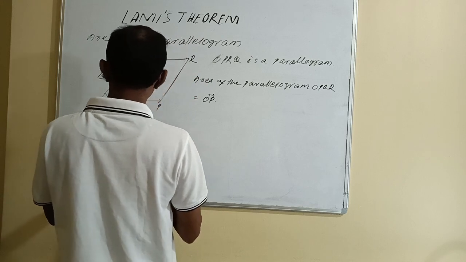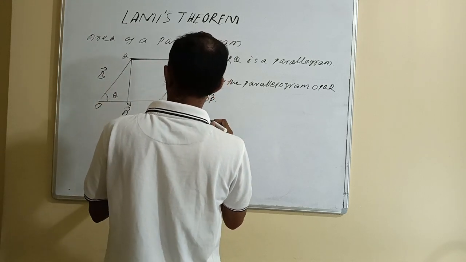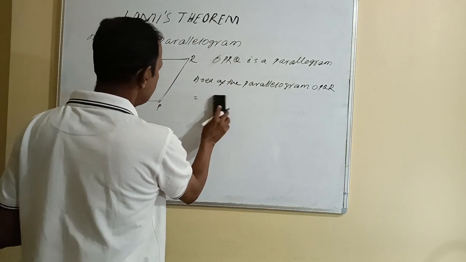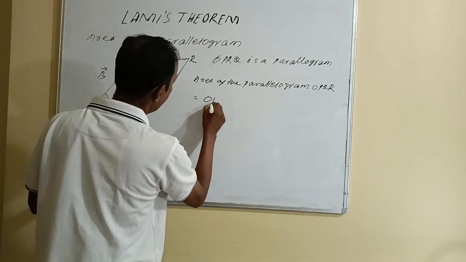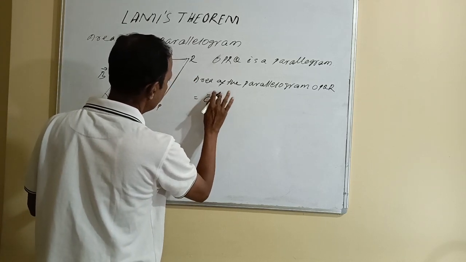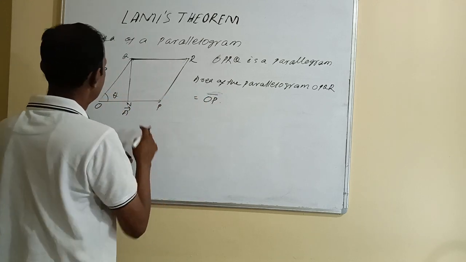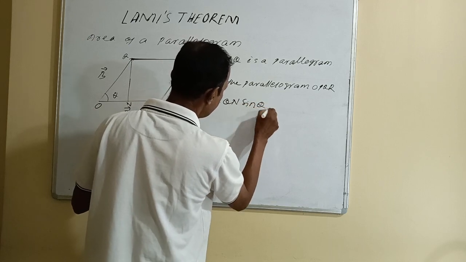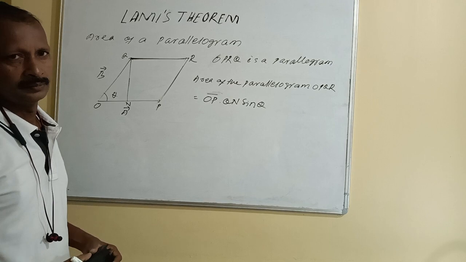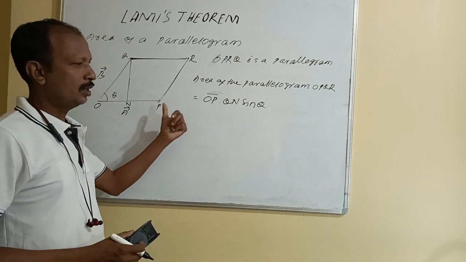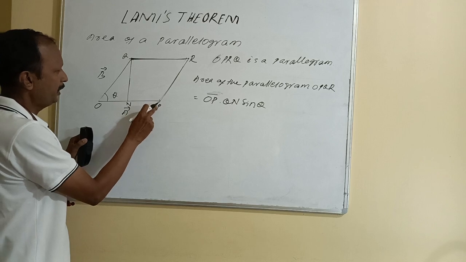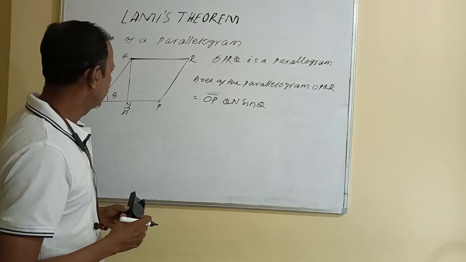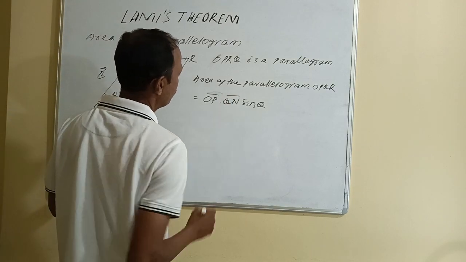So I am taking OP and QN, or better, I can write the magnitude of OP times the magnitude of QN. Because this is the product of the side OP and QN, these are magnitudes.